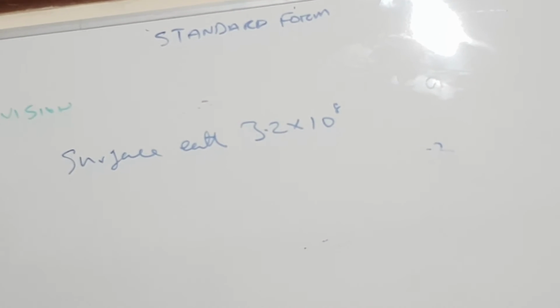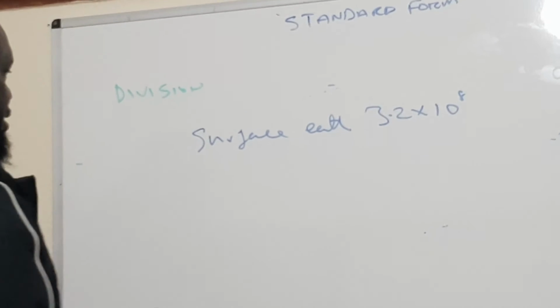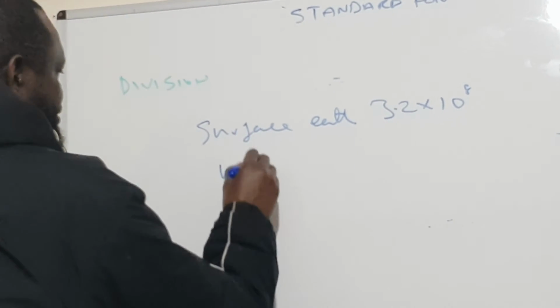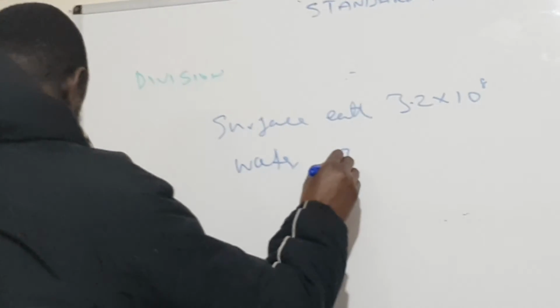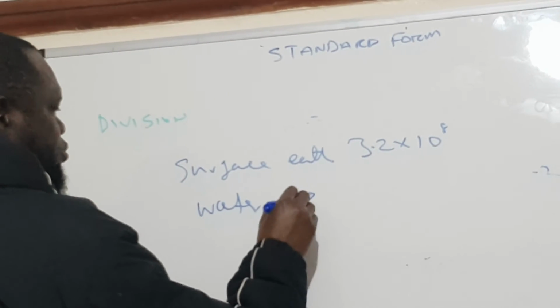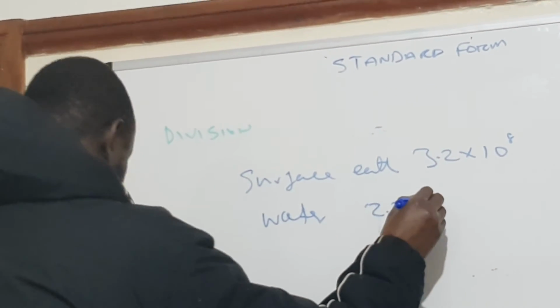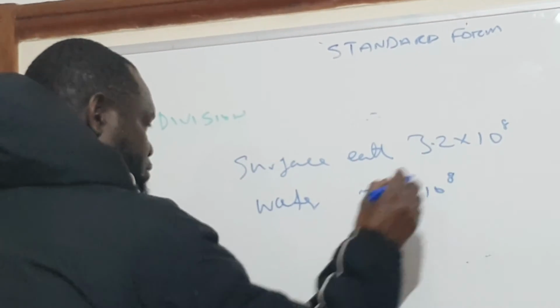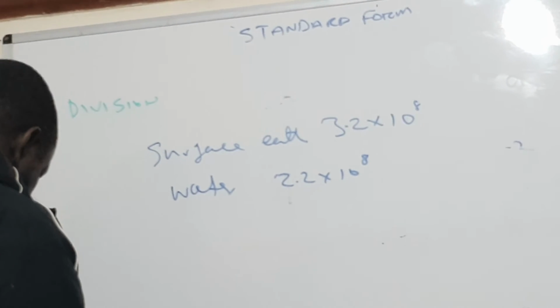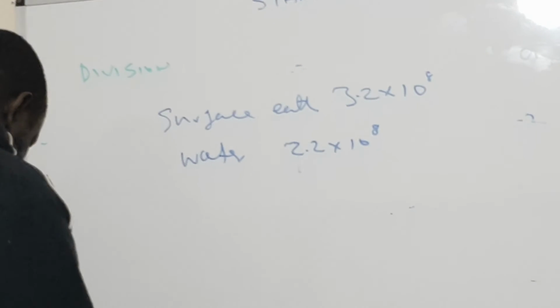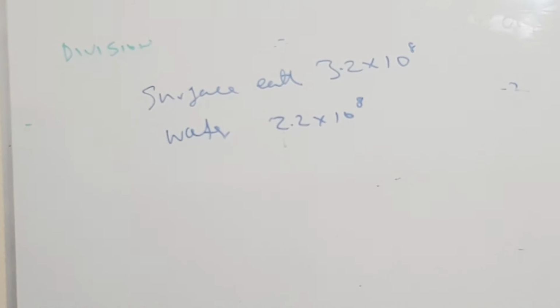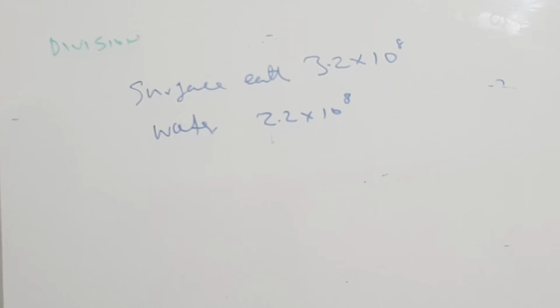The earth surface is covered by water, yes? Water covers 2.2 times 10 to the power 8. So calculate the area of the earth's surface that's not covered by water. Give your answer in standard form.